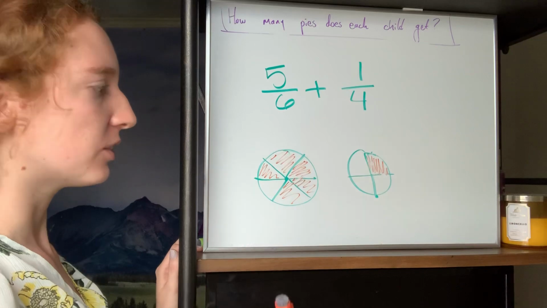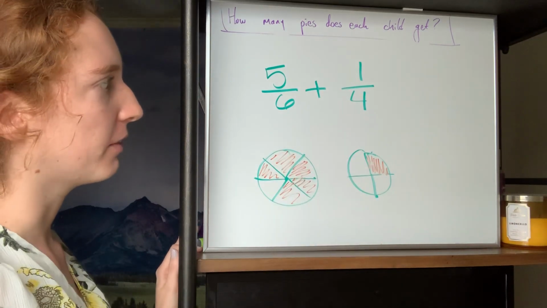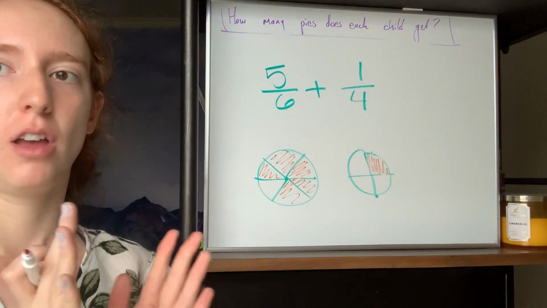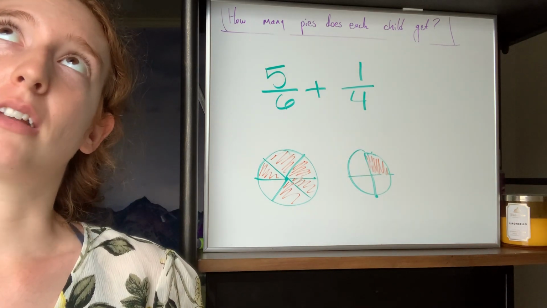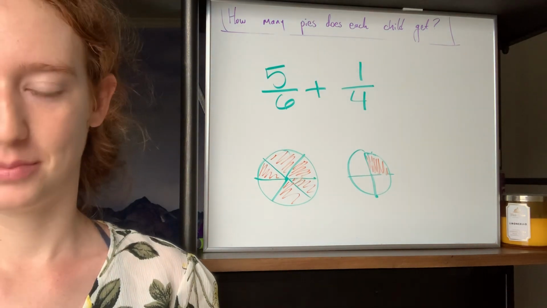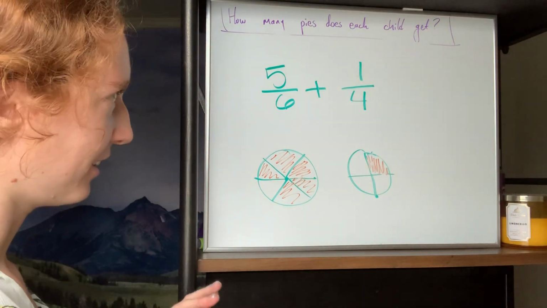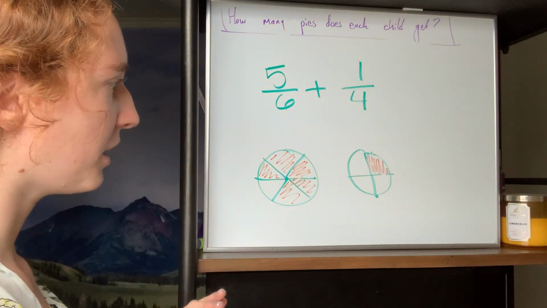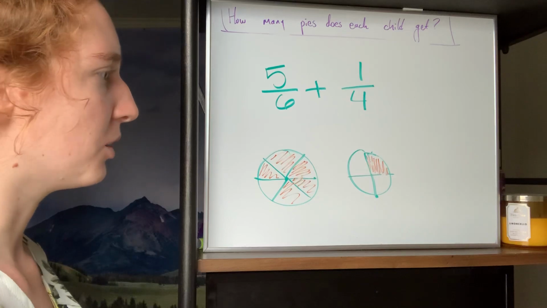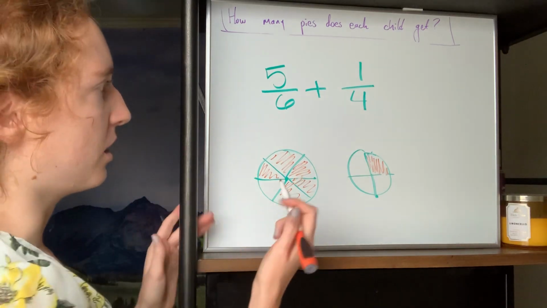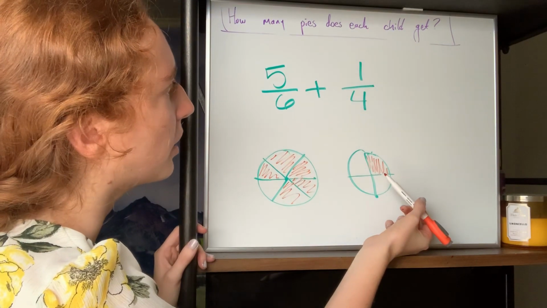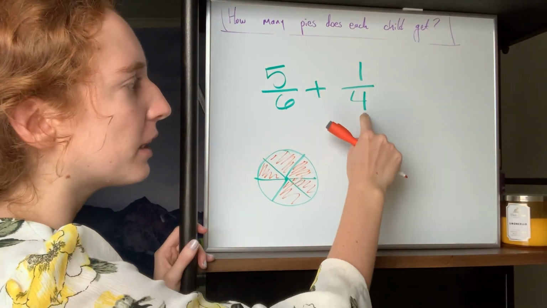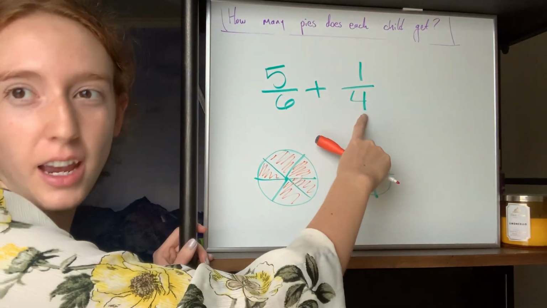But maybe there's a nicer way so that I don't have such a big number as 24. Can they both be cut so that they can kind of be called by the same name? I can cut these both into, and now you can think about it, if I multiply this by 2, I can cut it into 8ths.